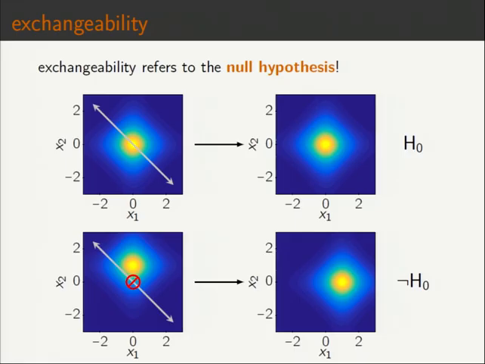The important thing to notice is that exchangeability refers to your null hypothesis. Or more specifically, you want exchangeability under the null hypothesis, but you do not want exchangeability under the alternative hypothesis if the null hypothesis is not true, because then this permutation scheme allows you to distinguish between the null situation and the alternative situation.